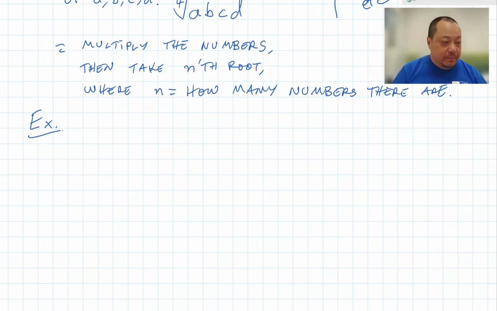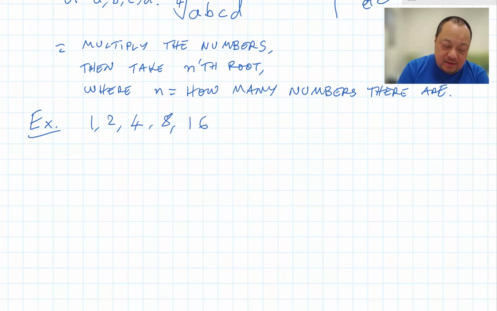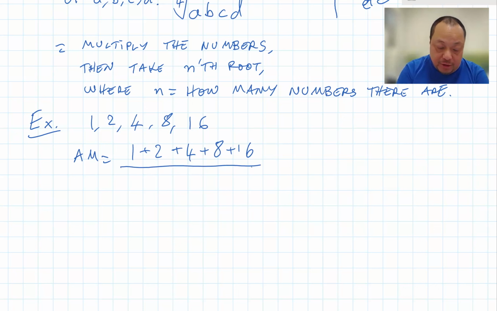So let's take an example. Let's say that I have 1, 2, 4, 8, 16. The arithmetic mean, I'm going to add them, and I divide by 1, 2, 3, 4, 5 of them. So I add and divide by how many numbers there are. 1, 2, 3, 4, 5. 20, 30, 31.